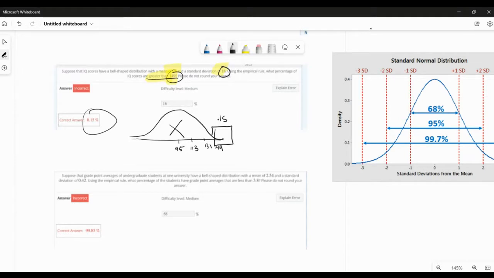Okay, because 1, 2, 3 standard deviations away, I know this middle chunk right here is 99.7%. That's 0.15, and this little chunk right here is also 0.15, for 100% of the data. Okay. All right, next question.